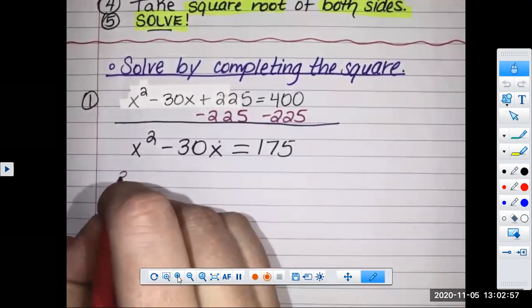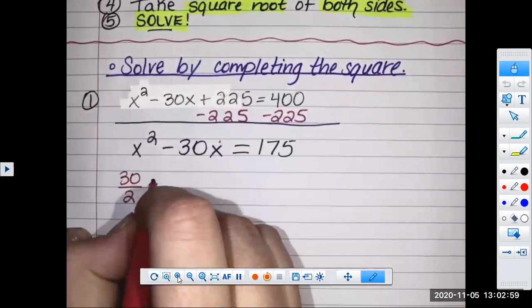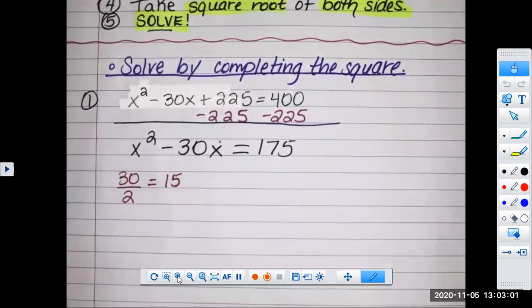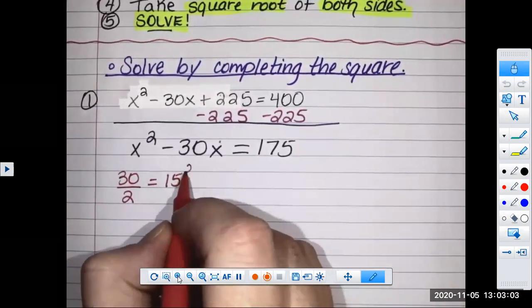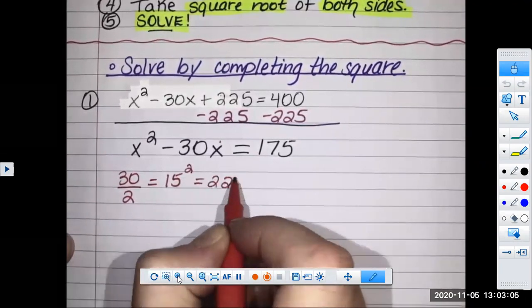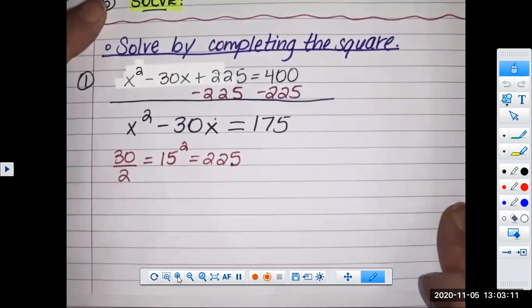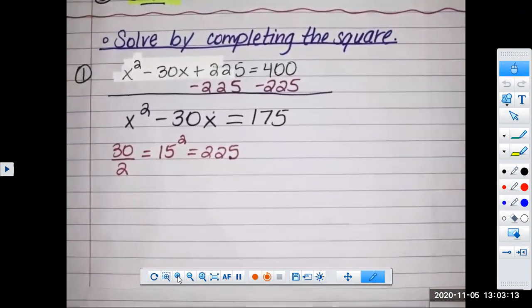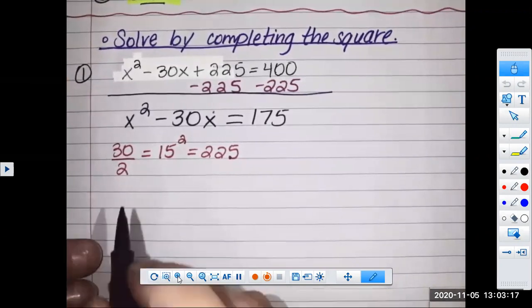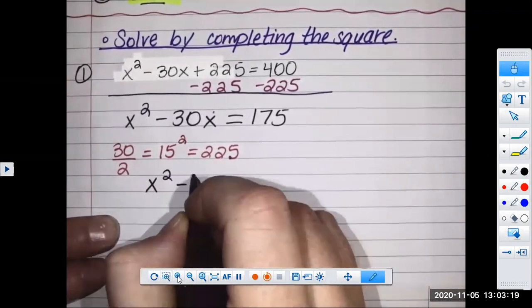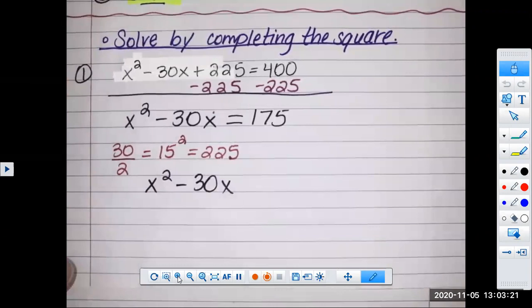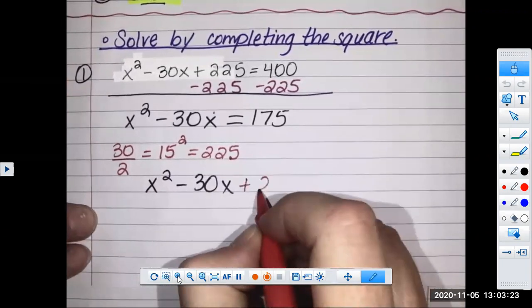So I got 30 divided by 2 is 15. And then what do I do with that? You square it, and that will give you 225. And then you do what to both sides? Not yet. You're close. Good. You're going to add that number.